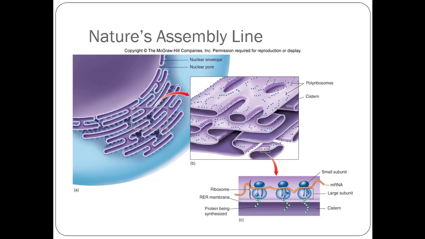So again, with nature's assembly line, here we have the nucleus, these nuclear pores here, the nuclear envelope, which is sort of the nuclear membrane, goes to the endoplasmic reticulum, and then at the sub level of that, you have these ribosomes, which have these two subunits here, where the mRNA is coming through, and these protein chains are starting to be formed here.